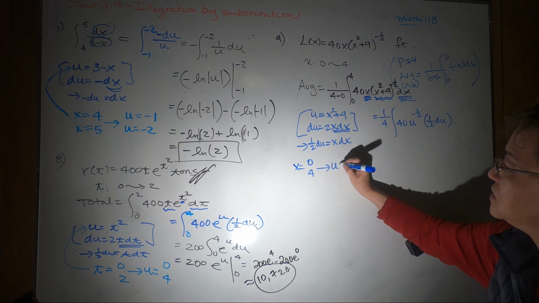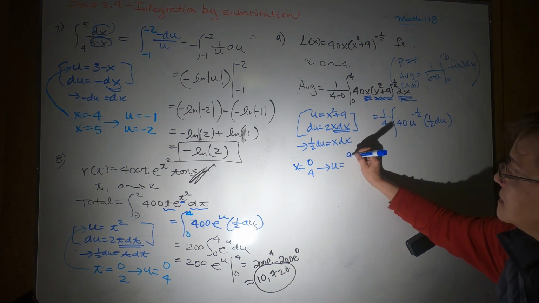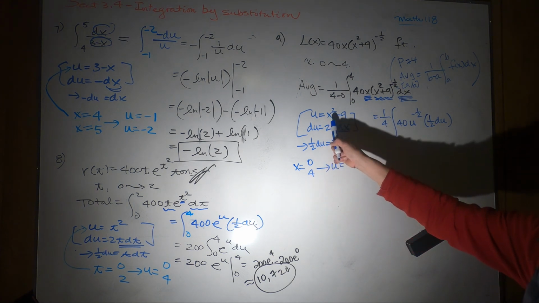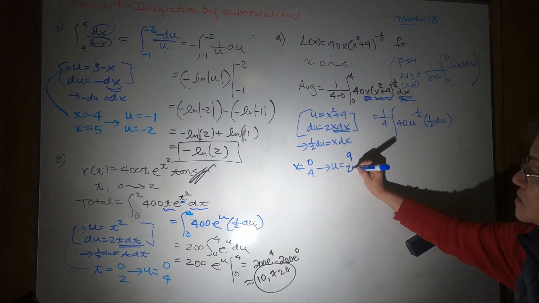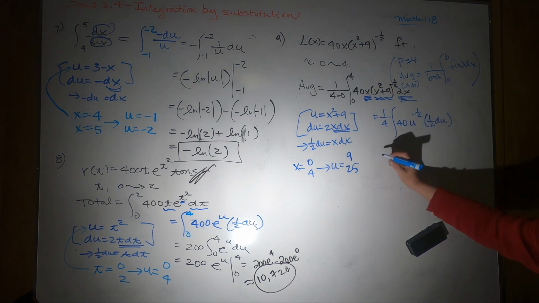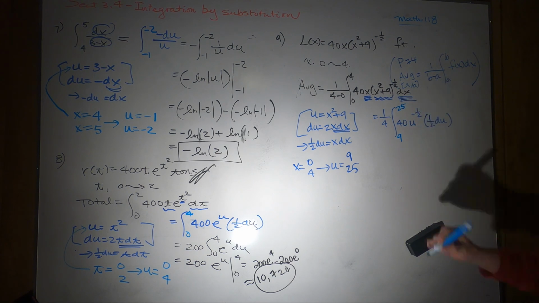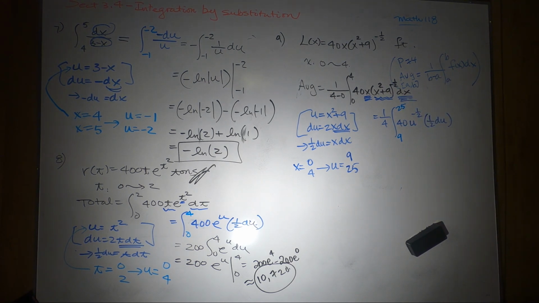Then we want to do the u. When x is 0, u is what? 9. When x is 4, u is what? 25. Is that right? So we need to replace this 0 to 4 with 9 to 25. Right?